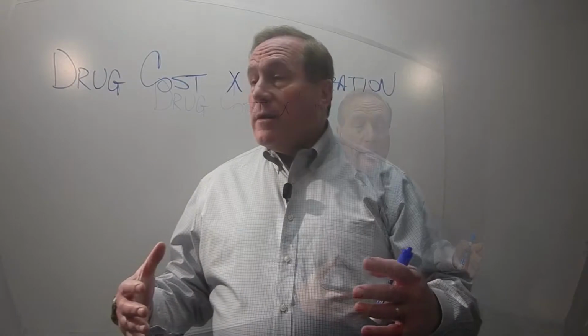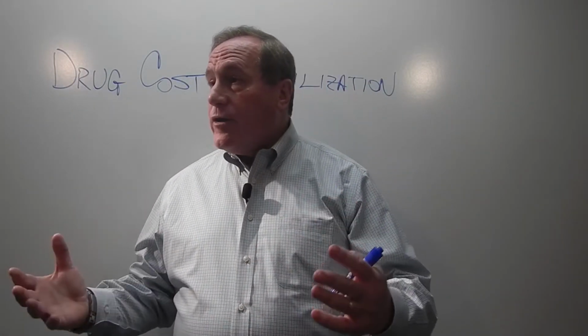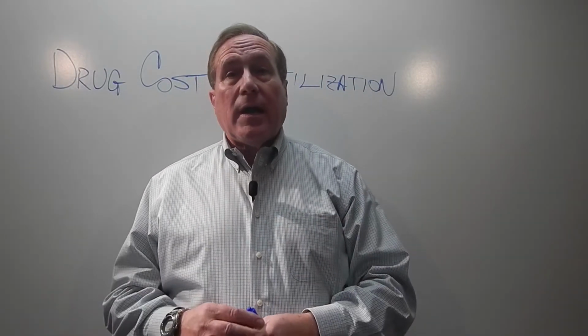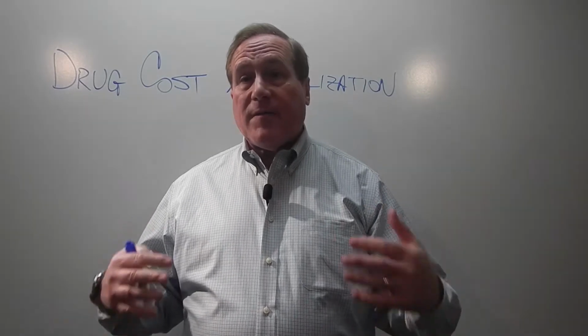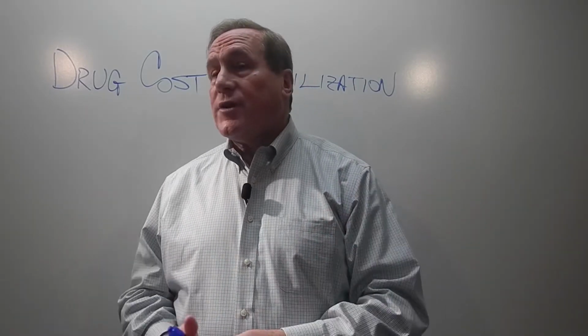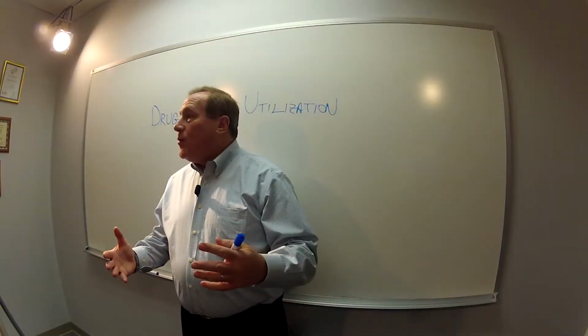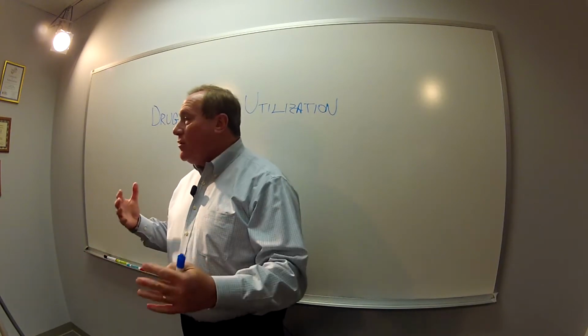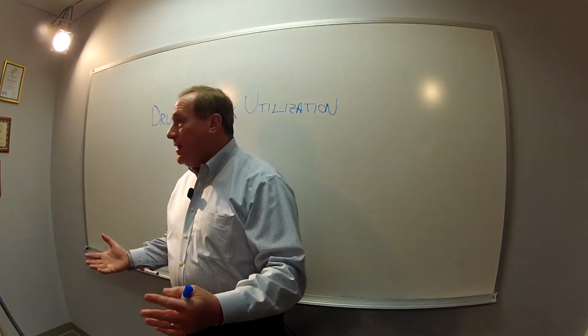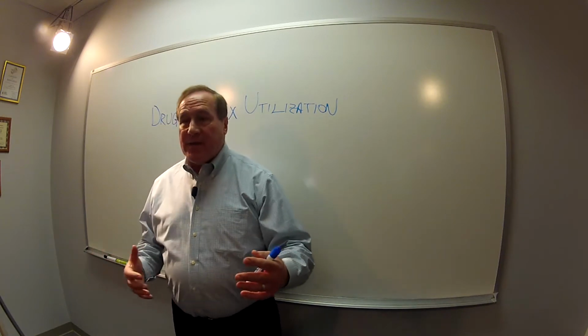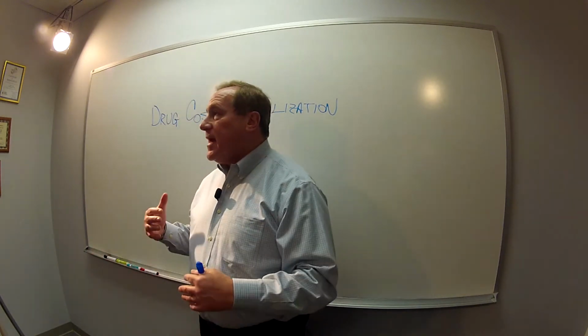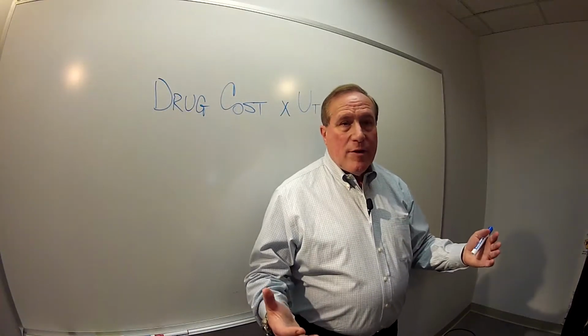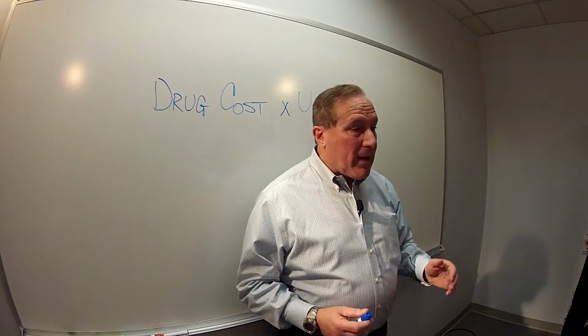Now, when health plans or providers or others deal with overall pharmacy benefits and drug cost and utilization, it's easier to deal with drug cost because you can negotiate with someone to get a better deal. You can ask for a 10% discount or a 20% discount or something that is going to give you some unit discount over what you pay.